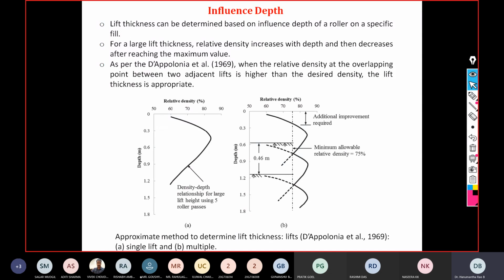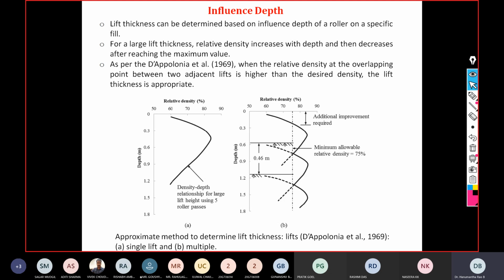In figure A it is a single lift, while in the other it corresponds to 3 lifts, 1, 2, 3. So we can determine the relative density versus the depth. Now for a large lift thickness, relative density increases with depth and then decreases after reaching the maximum value. So this is the field observation.